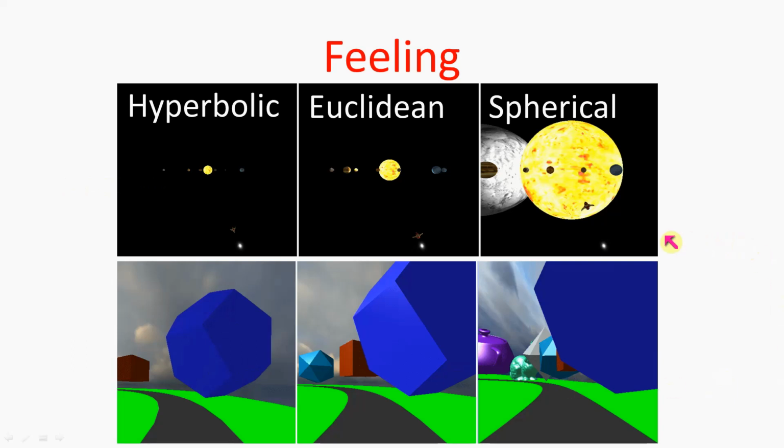The most interesting feeling is given by spherical geometry, because here visibility rays initially diverge, but after that, they will converge again and meet at the antipodal point of the eye. So objects that are very far away look as big as they were right in front of our eye.